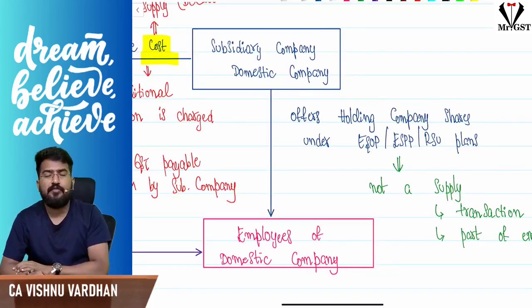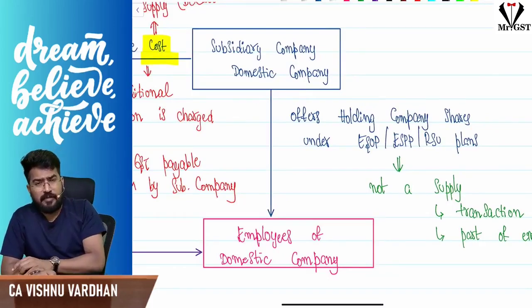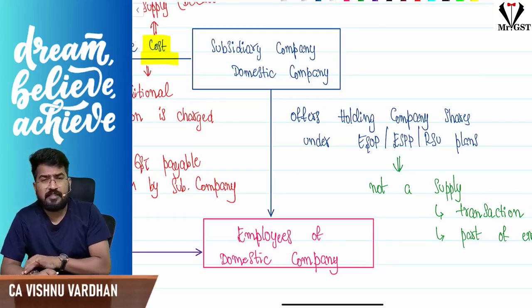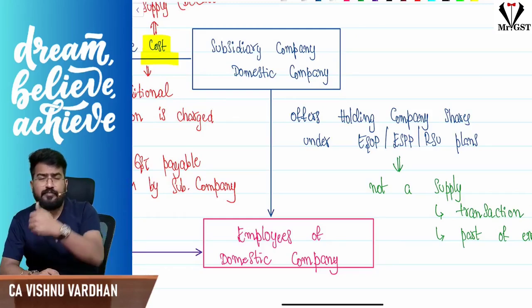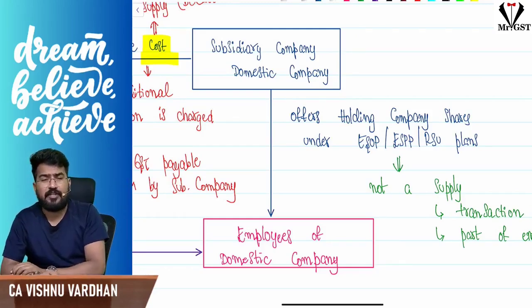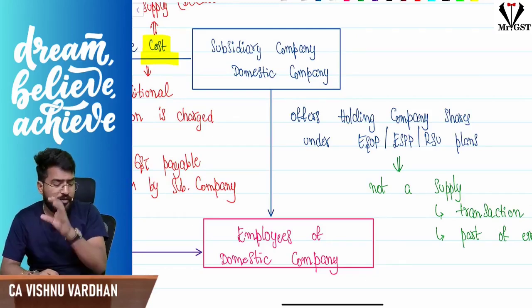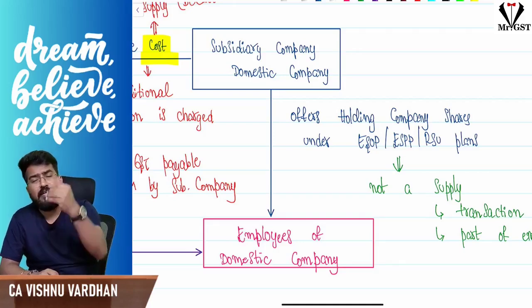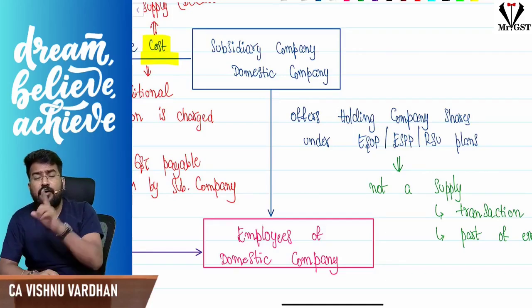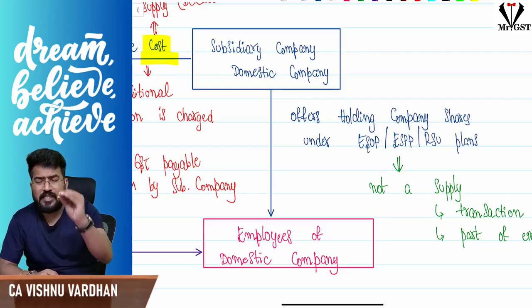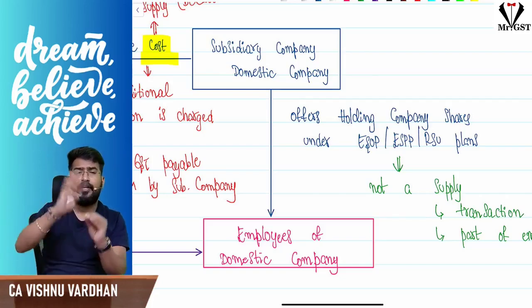For example, the employees of Amazon here in India, the software developers, etc., get shares of the foreign company as part and parcel of their package. So a simple example. Any domestic company granting its Indian employees the shares of the foreign holding company located abroad, where the shares are directly allotted by the foreign company to these employees.